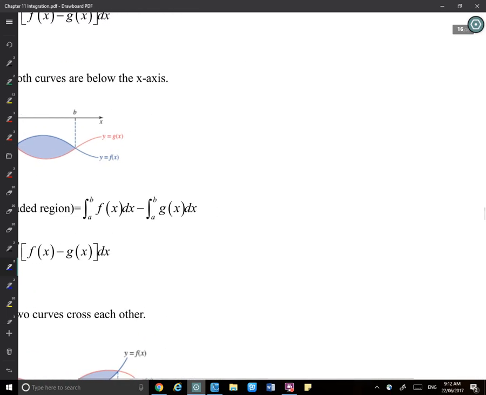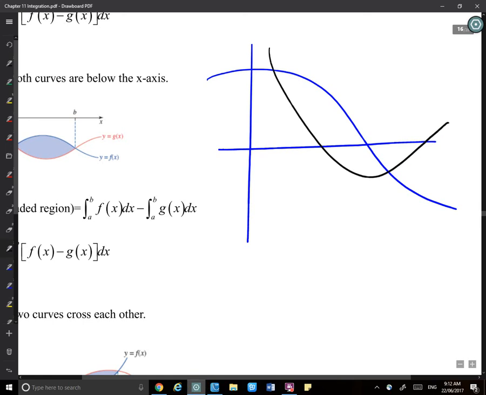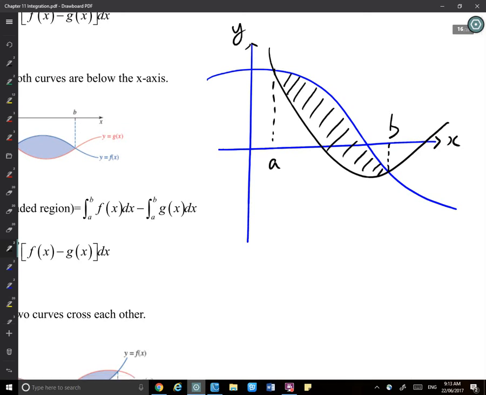Let's show you another example. Say we have a graph here, and we have a graph here. That is A, that is B. And I want this region. Well, the x-axis doesn't matter for both graphs.